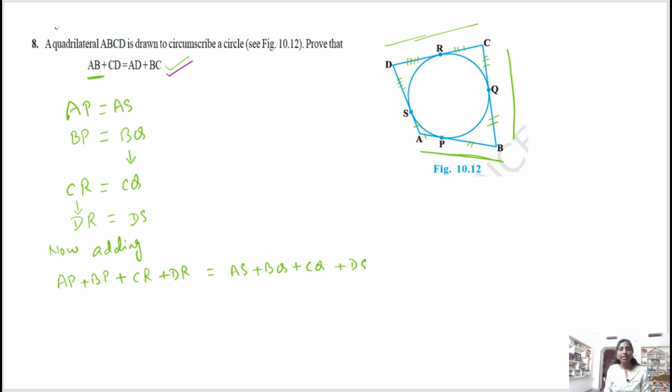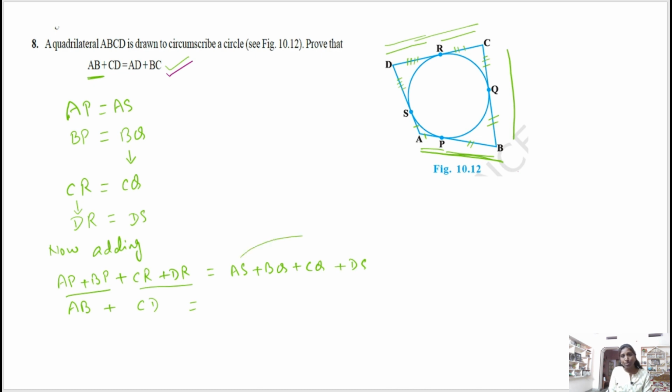Now AP plus BP can be written as AB, CR plus DR will be equal to CD, is equal to AS plus DS.